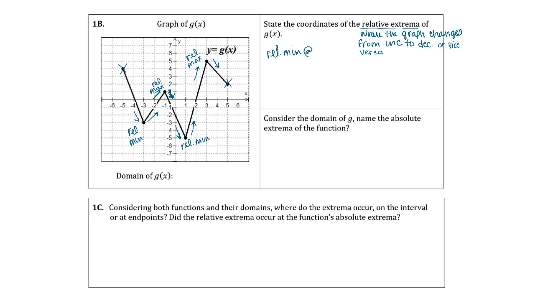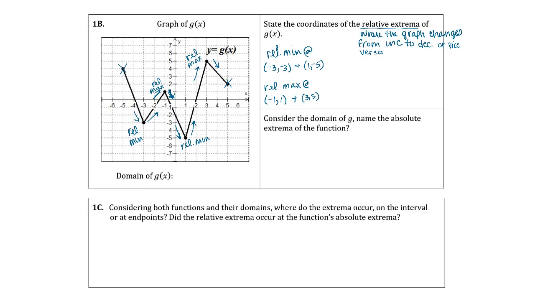We had at -3, -3, and we also had that occur at 1, -5. And then we also had some relative maxes, and those would occur at -1, 1, and also at 3, 5. So notice all of those ended up being nice, neat relative mins or maxes there.